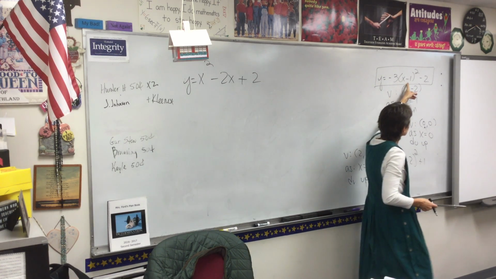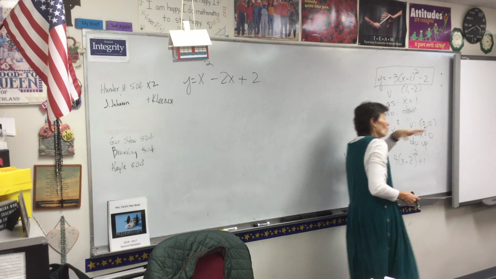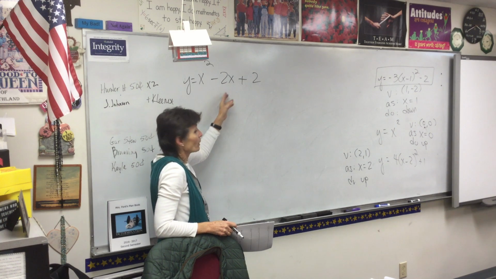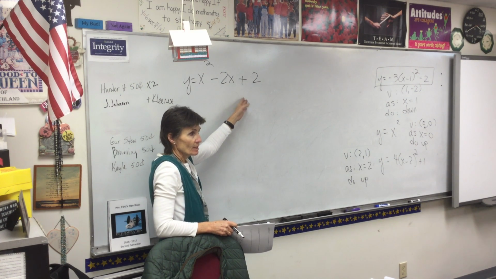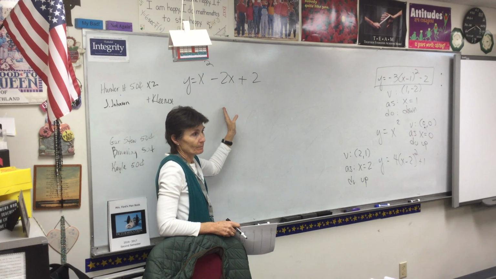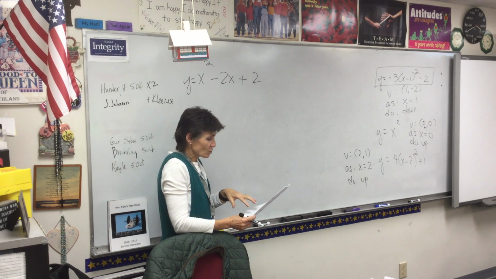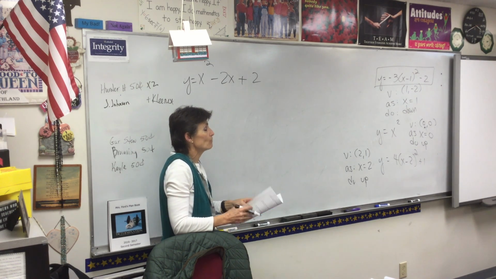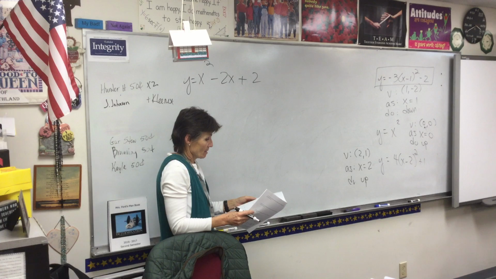I can see my vertex is at 1, -2. When it's written like this, which is called standard form, ax squared plus bx plus c, you can't look at it and tell what the vertex is. So what this question wants you to do is put it into vertex form.